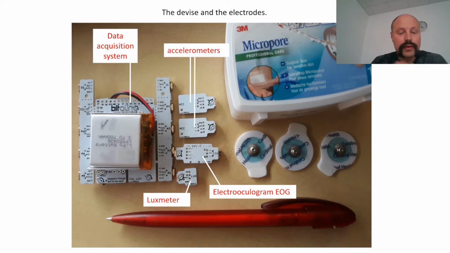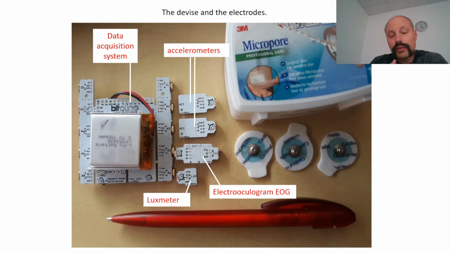This is how the BITalino system works. The system is functioning on the battery, and there are 6 inputs which can be used to record various types of signal. For our experiment, we will use 4 of them.